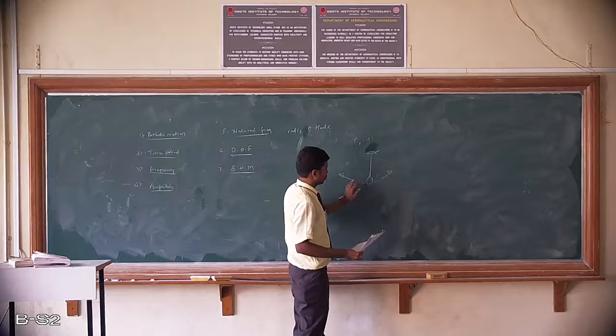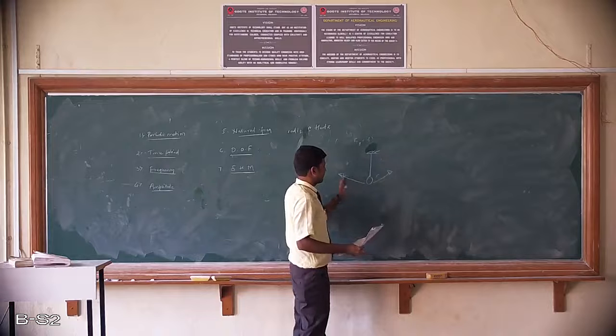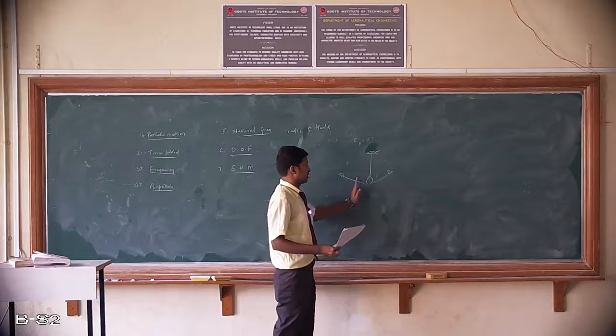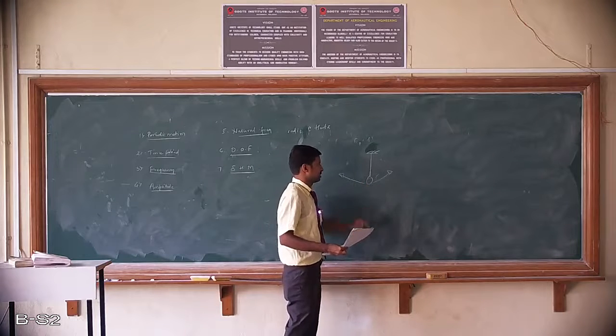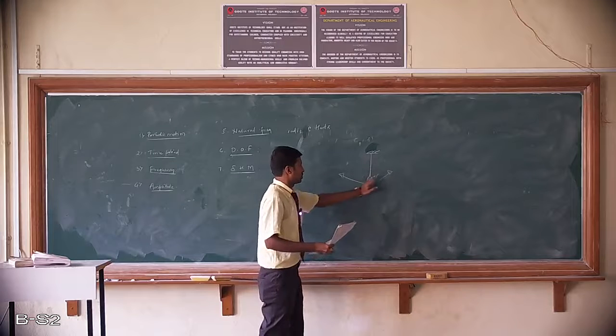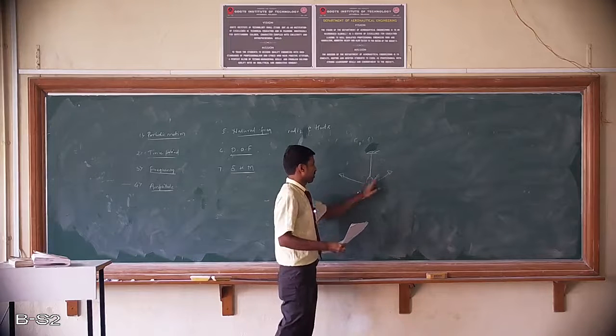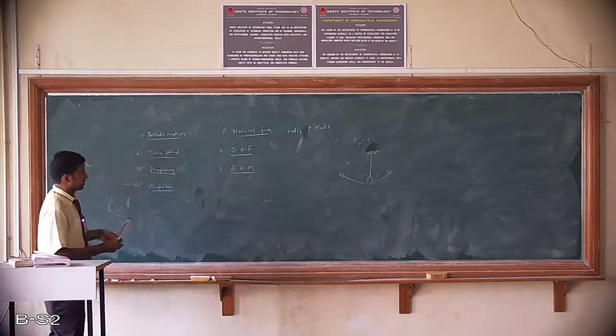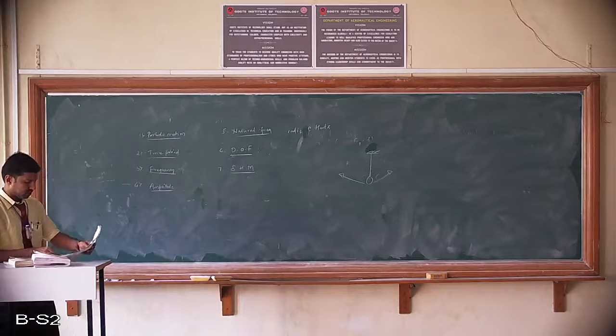It keeps moving until the total amount of external excitation given becomes zero. So it moves about a fixed point, and that is called simple harmonic motion.